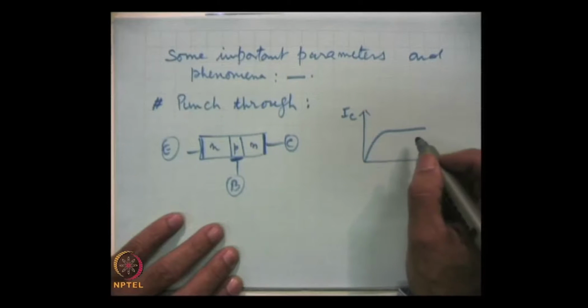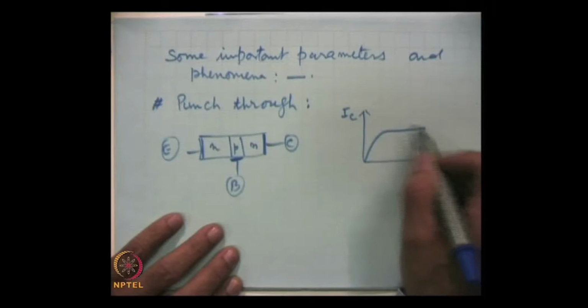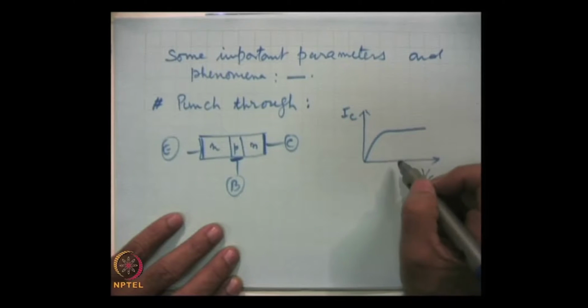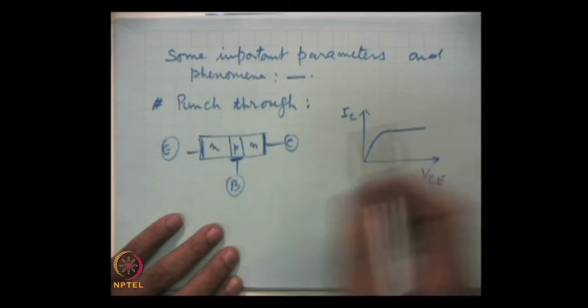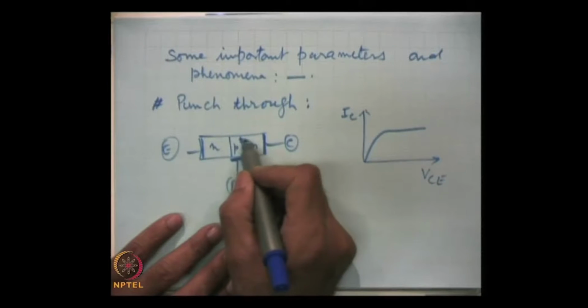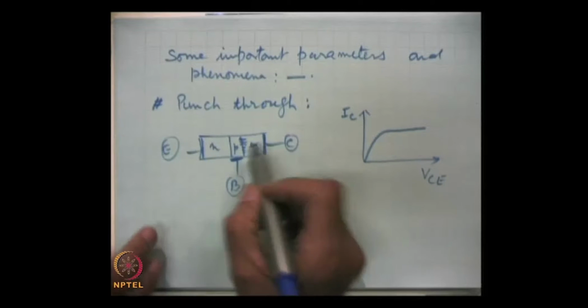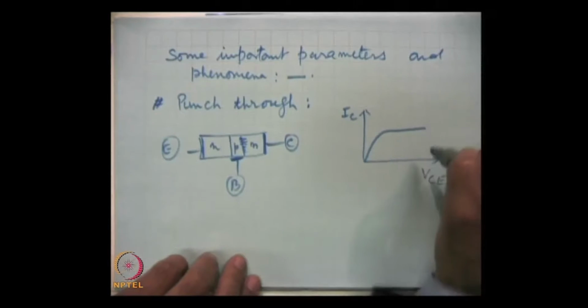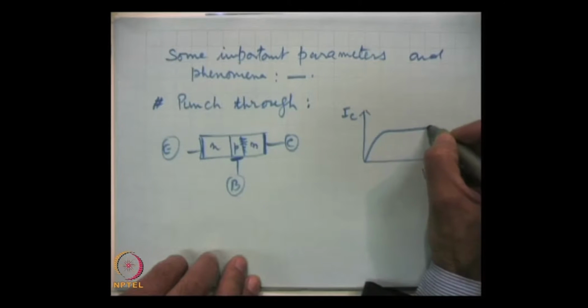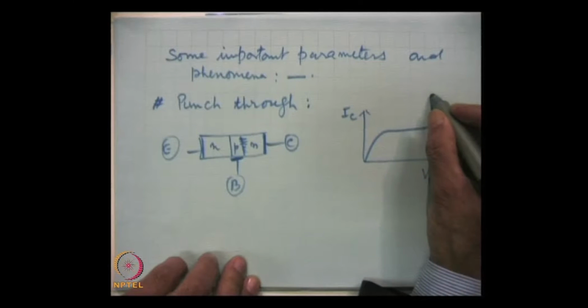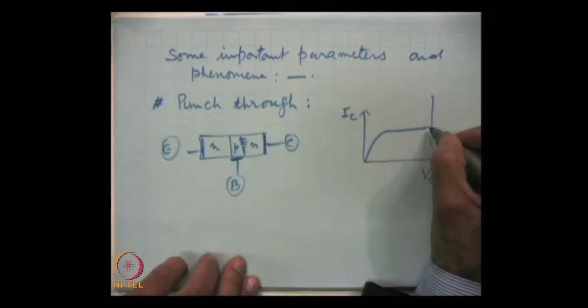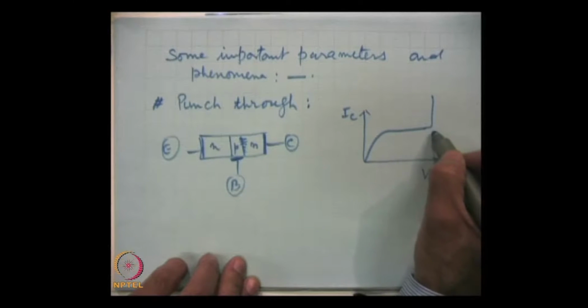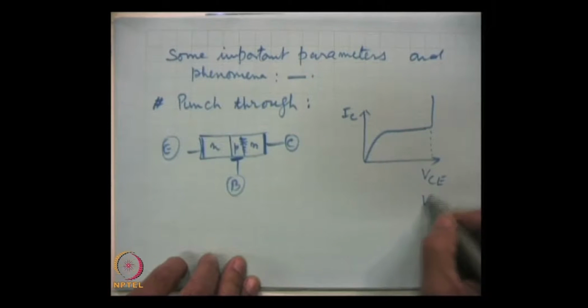The operation should be restricted to this region, but if we keep on increasing, then the depletion width keeps on increasing, and the collector current will rise suddenly. This is the breakdown, and we are not supposed to exceed the prescribed value of VCE max for each number.